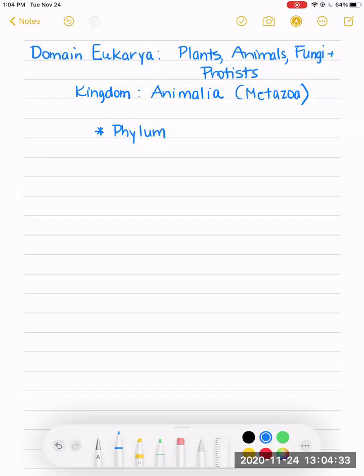So as we go through each phylum, we are going to look at examples of organisms in each phylum. We're going to look at characteristics that they all share and any advancements over the previous group. And you need to know all of that.